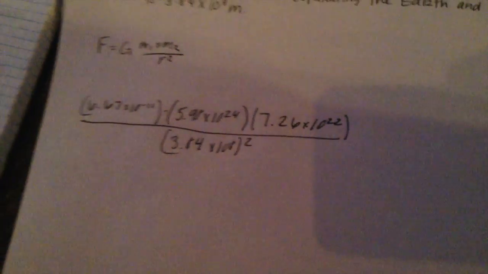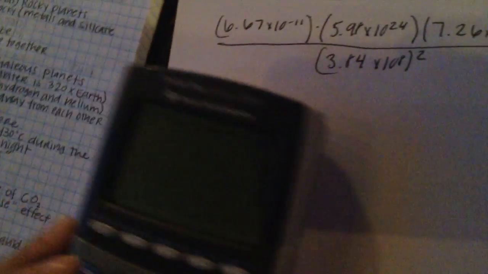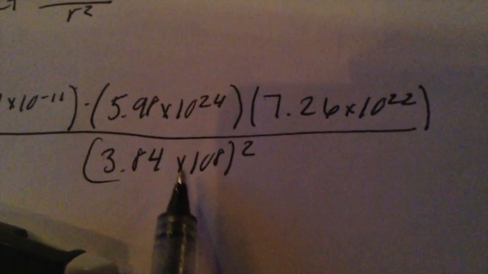Then we're going to get our calculator and plug in all of that. So we put parentheses 5.98. What I did on the calculator is plug in these two numbers and divide by the bottom.